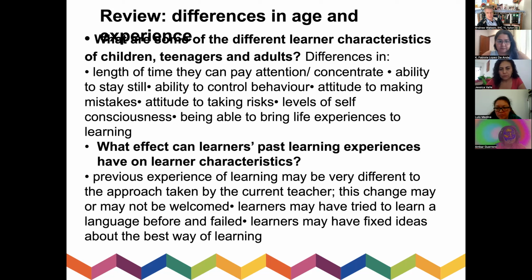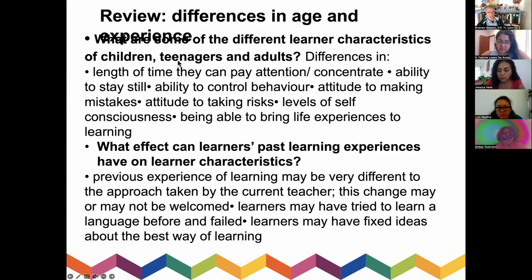Their ability to control their own behavior is less with children. Their attitude to making mistakes, the tolerance for making mistakes, is usually less with adults, right? Because sometimes they don't like making mistakes, adults. Whereas with children, yeah, they just make the mistake and move on.